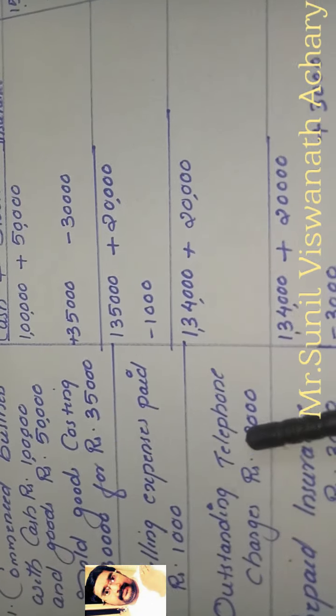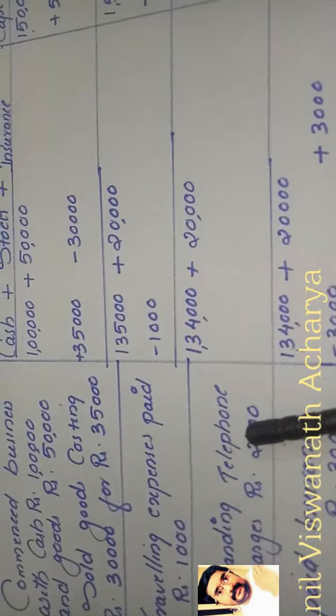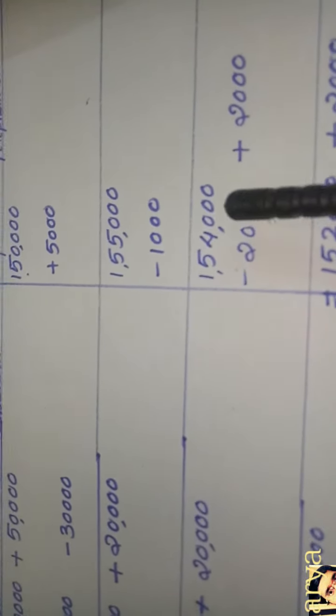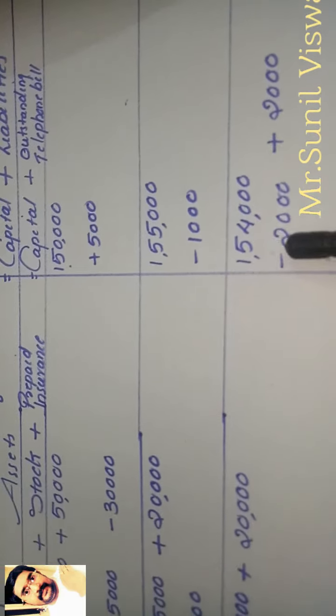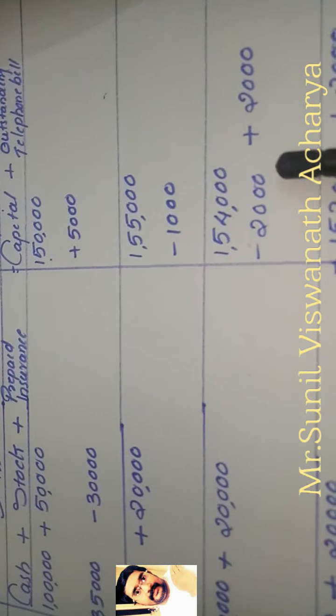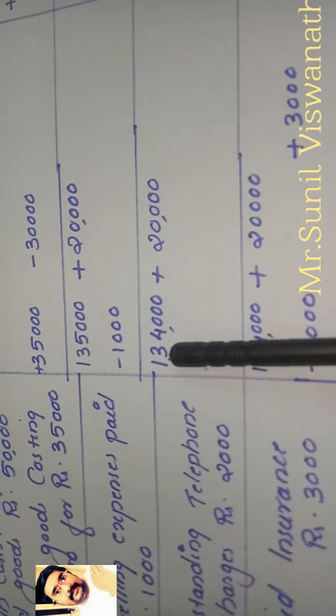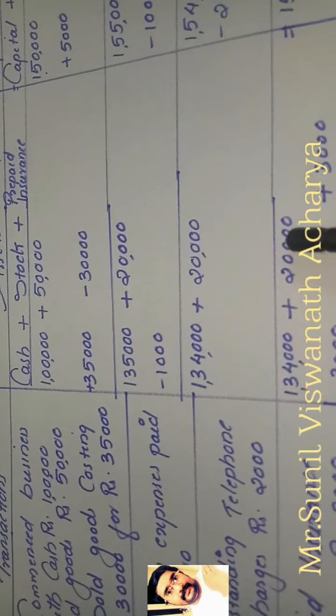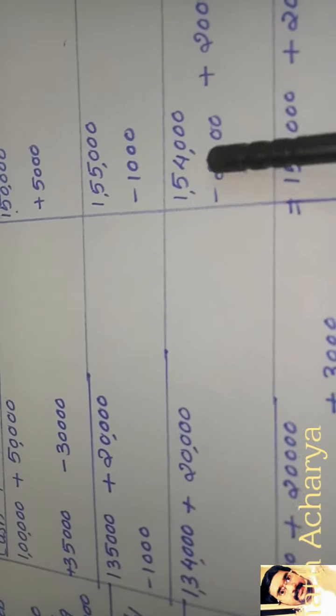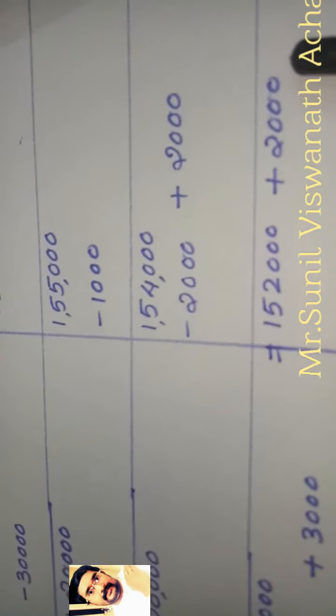It is the expense of this year, we have not paid. So this year's expense will affect the profit. Profit will come down, so it will affect the capital. So 1,54,000 minus 2,000 telephone bill outstanding, balance 1,52,000. Now cash is 1,34,000, stock is 20,000, capital becomes 1,52,000 and the outstanding telephone bill is 2,000.